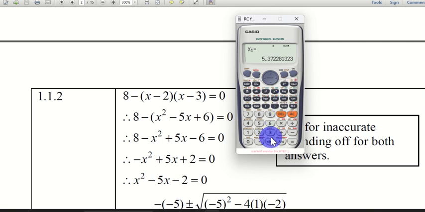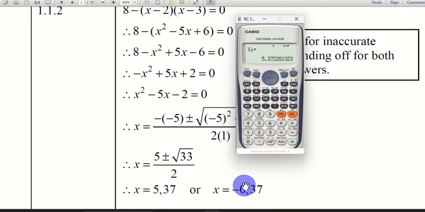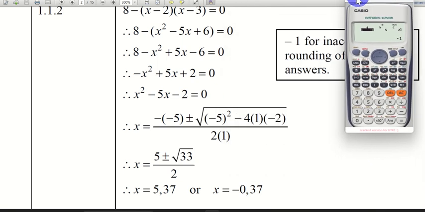And that's going to be 5,37. And then the other one is going to be x is equal to negative 0,37.